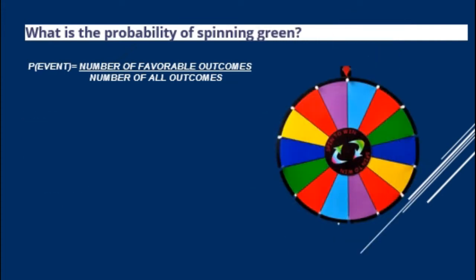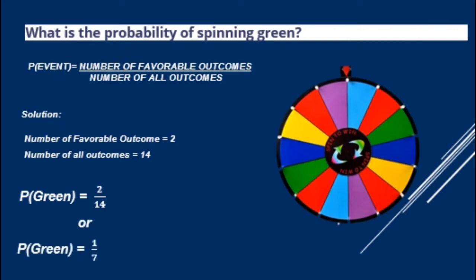Next, what is the probability of spinning green? And again, here is our formula. So as you can see, how many green do we have here? Alright, we have 2. So we already know that the number of favorable outcomes is 2. How about the number of all outcomes?